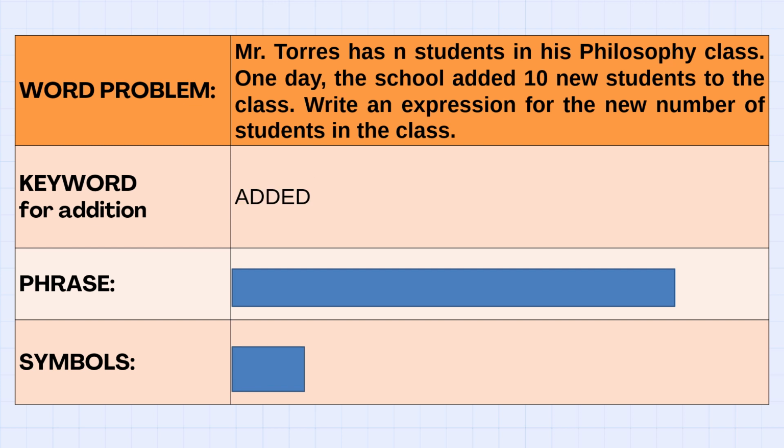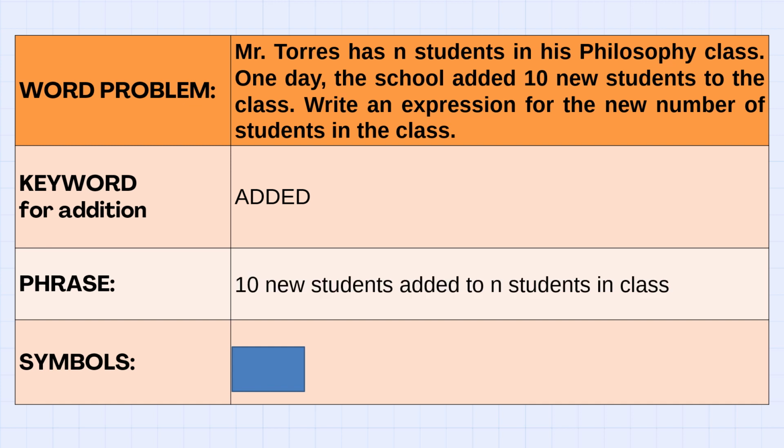Now, what mathematical phrase can be extracted from the problem? So we can see this phrase in the second sentence, wherein the keyword added is located. So the phrase is 10 new students added to n students in class.